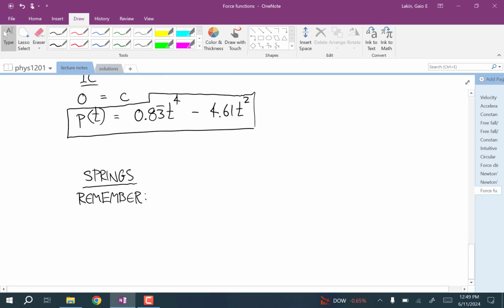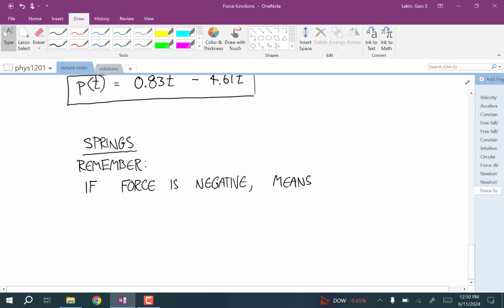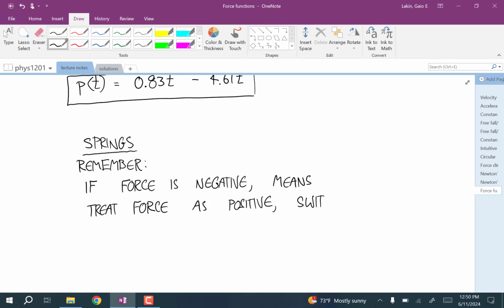I said that if a force value is negative, the meaning of that is that you treat the force as positive and switch the direction. And so that negative doesn't mean something fundamental about the nature of the force. It just means that the direction switches.